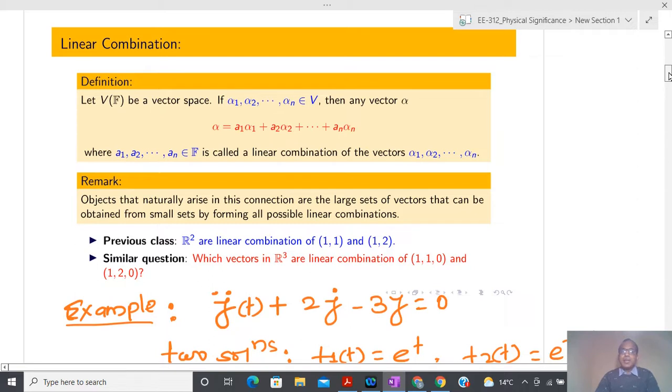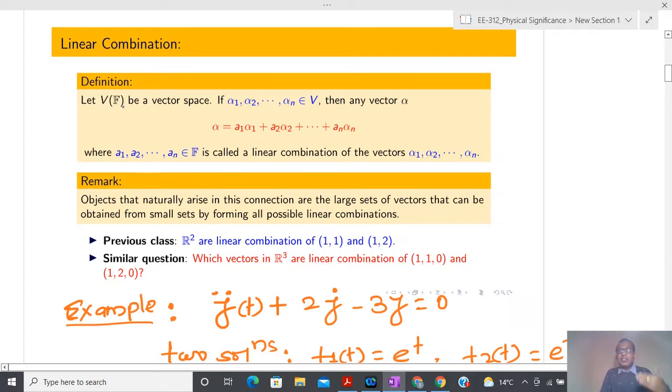In the previous class I have already defined the meaning of linear combination. Suppose I have some kind of vector space. I have already told you that whenever we define a vector space, I need some kind of scalars, which is called a field.